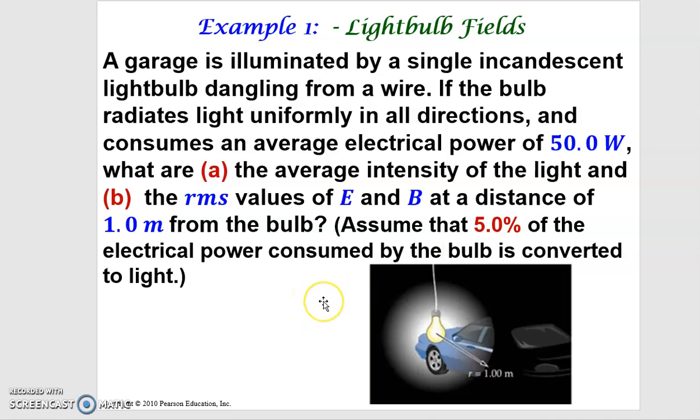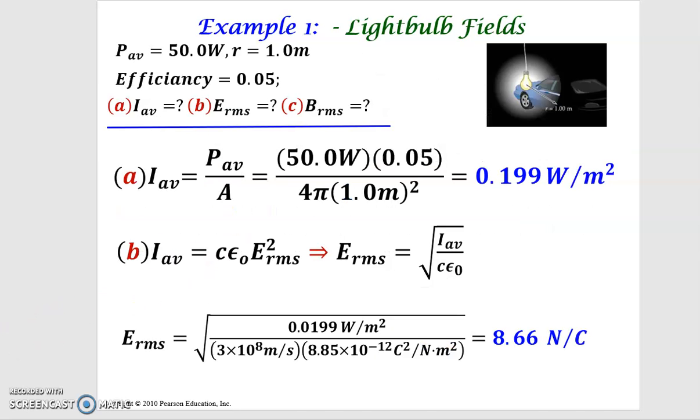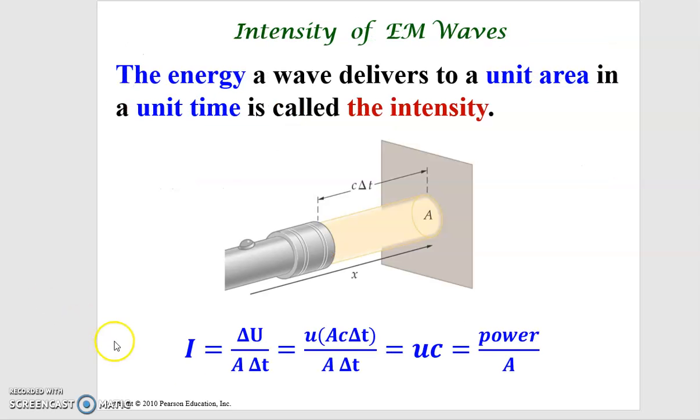Okay? So now let's try to solve problem A. What is the average intensity of the light? From the previous equation, you know that the average intensity can be expressed in terms of the power divided by the area. In case you forgot this one, let me go back to the slide. Intensity is equivalent to the power of the EM wave divided by the cross-section area.